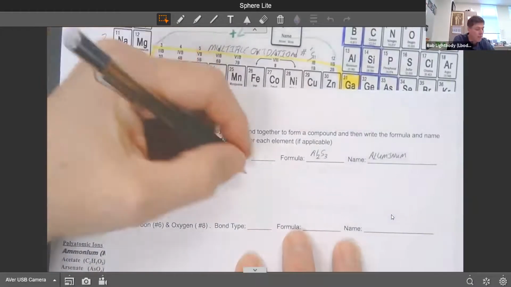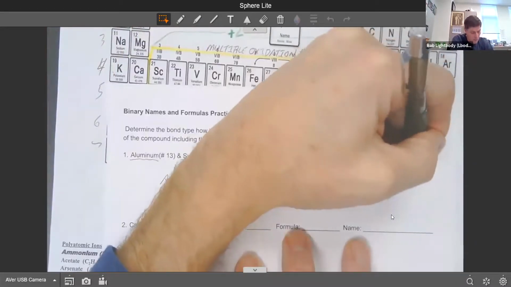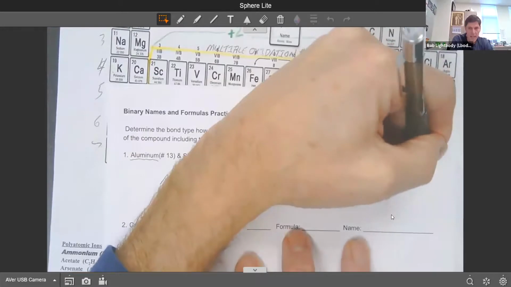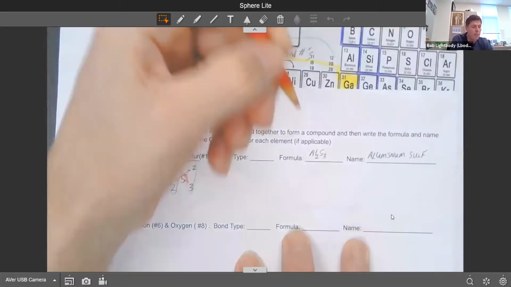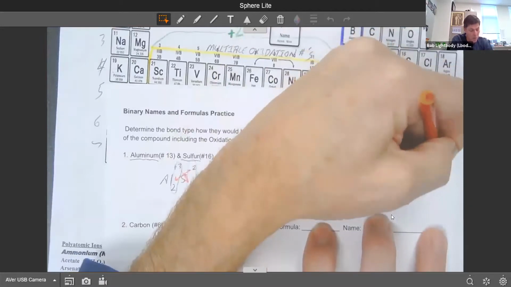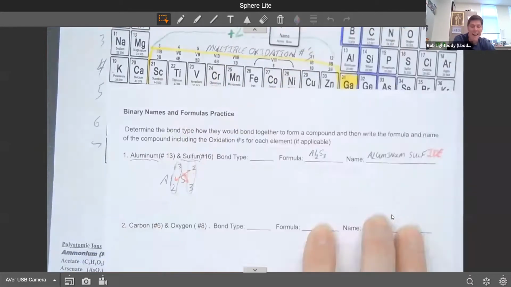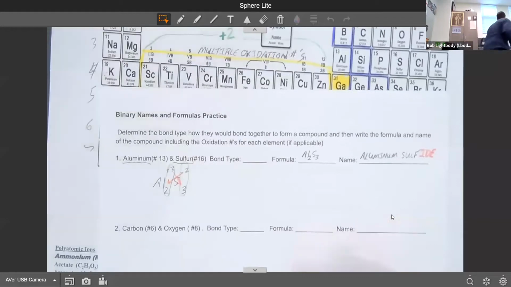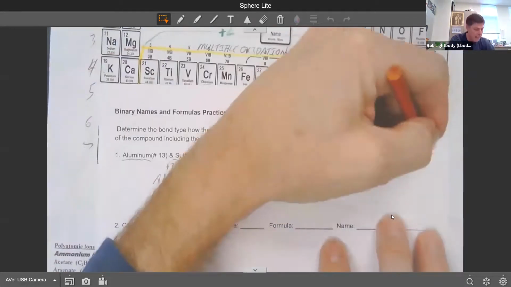So the rule is you take everything, drop the last syllable, and replace it with IDE. So sulfur becomes sulfide.